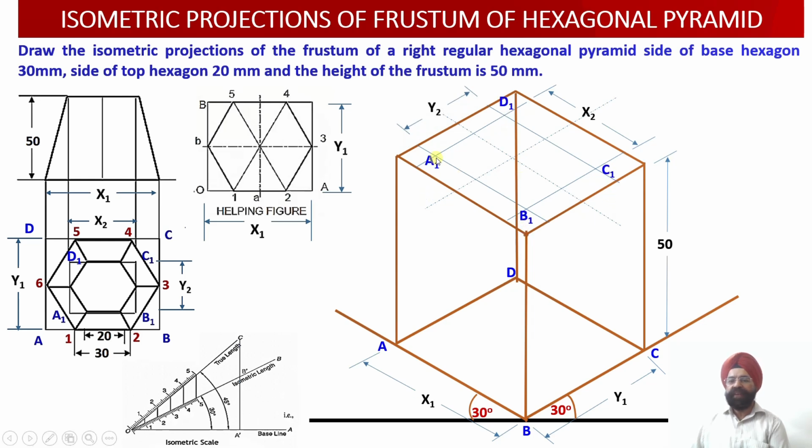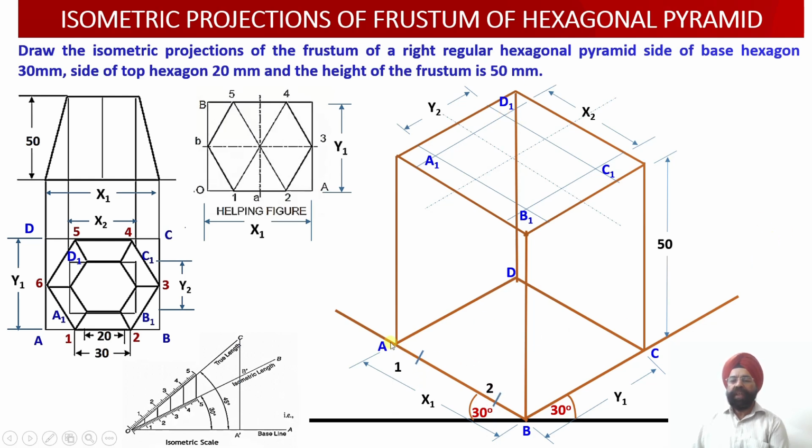Before we start, we can see the names of the points A1, B1, C1, D1, and we can check that if A is lying on this side, then A1 is also lying on the same side. So it is A, B, C, D, and in the top view also you have in the same order A1, B1, C1 and D1, the outer rectangular points, being marked over here.